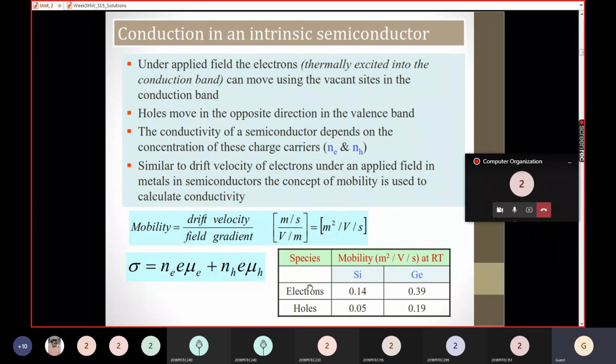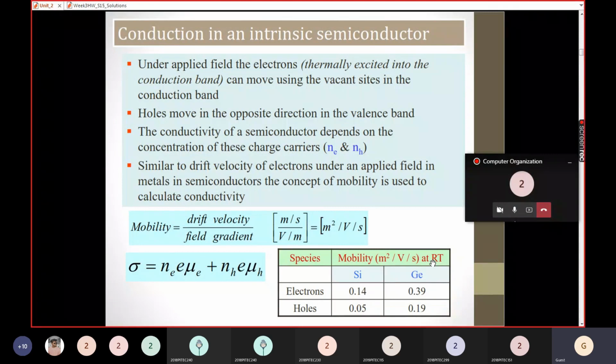For electrons, the mobility value at room temperature, RT, with units meter square per volt-second, is defined by the values 0.14 and 0.39. For holes, it is defined by the values 0.05 and 0.19.